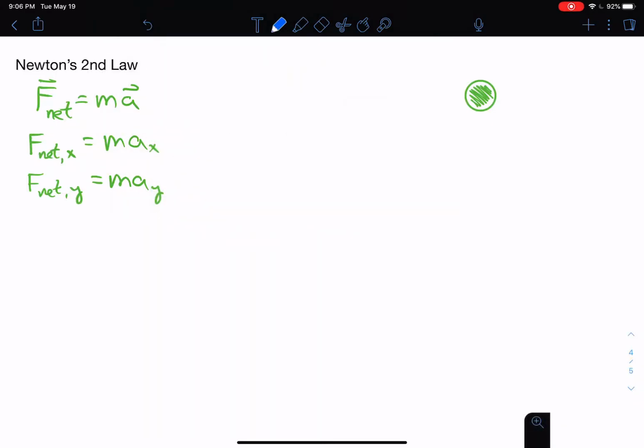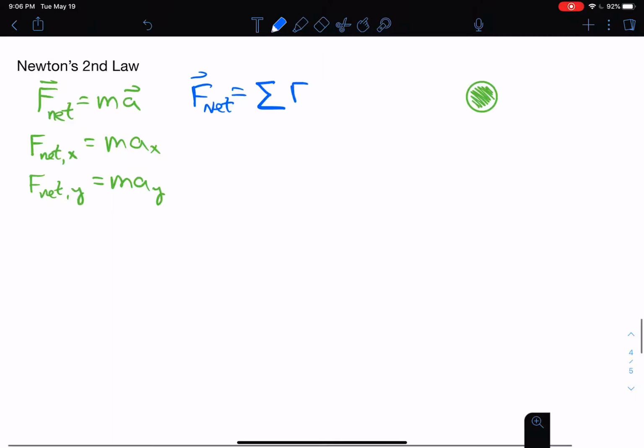It's the sum of all the individual forces acting on the object. So what we really want to be doing with Newton's second law is identifying all the individual forces acting on the object and accounting for those in Newton's second law.